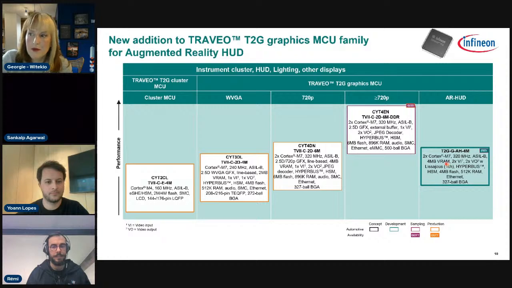The best part is the video RAM, which is 4 megabytes. Video RAM is really interesting because it reduces the time lag because of the on-the-fly rendering, which is the best part of the Traveo cluster family. There are 2 video input channels, 2 video output channels, Hyperbus, HSM, and so on.